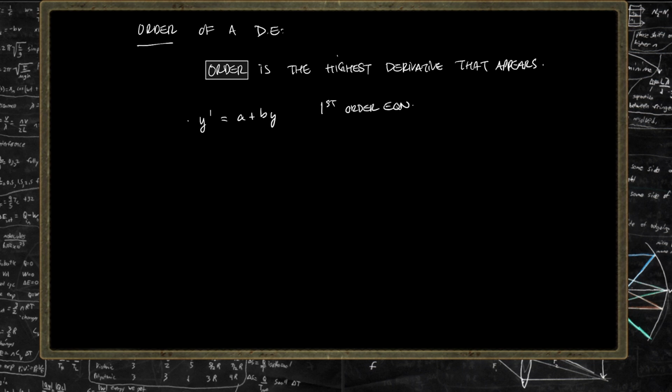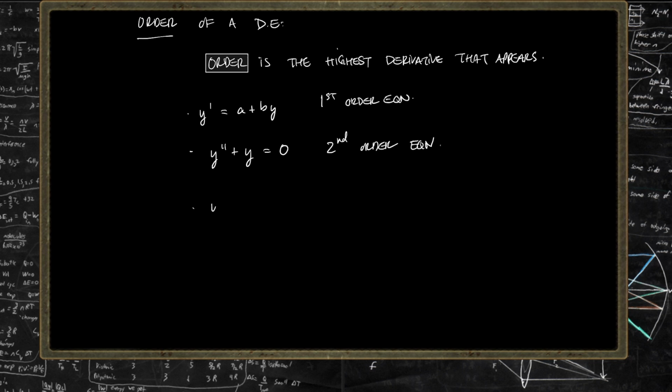If you think of this in a physics context, it means we're only dealing with velocity. Something like this would be a second order equation because we've got a second derivative showing up here. And similarly, if we got y triple prime plus y double prime plus y prime, this would be a third order equation.